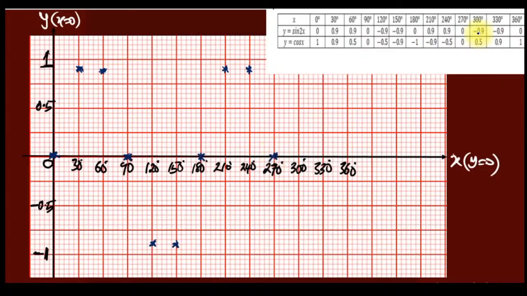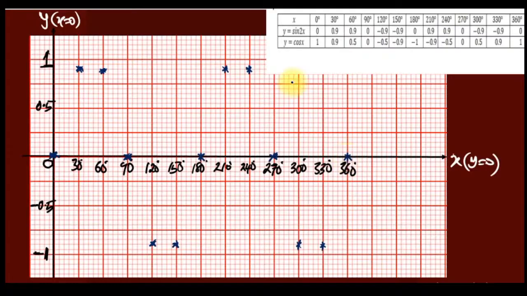For 300 it is minus 0.9, so we go down 18 times. For 330 it is the same, negative 0.9. For 360 it is 0.